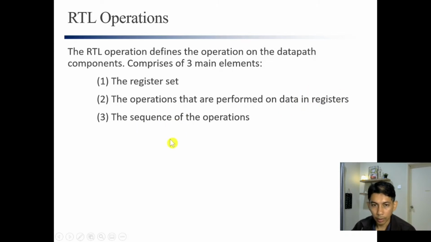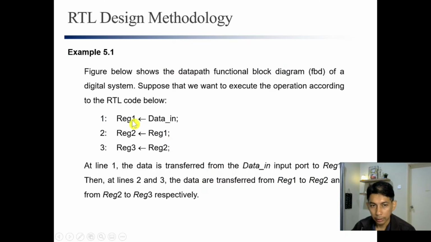If you look here, we have the registers REG1, REG2, REG3, which is the register set. The operation is the move operation. We move data from here to register 1, move data from register 1 to register 2, move data from register 2 to register 3. That is the operation that we perform on the data.